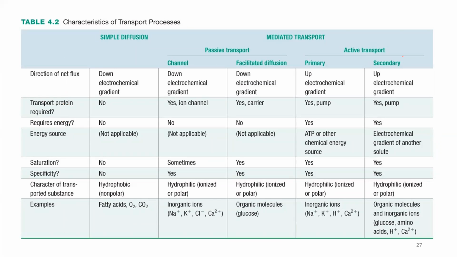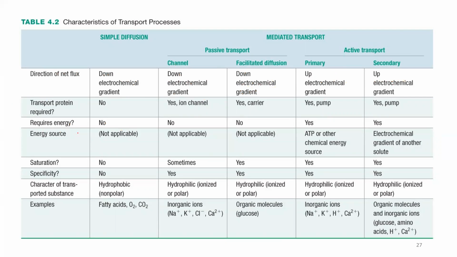So think about the direction of net flux, right? The direction of net flux for simple diffusion, for passive transport via channels or via facilitated diffusion. All of this is going to be moving down the concentration gradient, okay? Whereas for active transport, whether it's primary or secondary, this is always going to be moving against the concentration gradient, right?